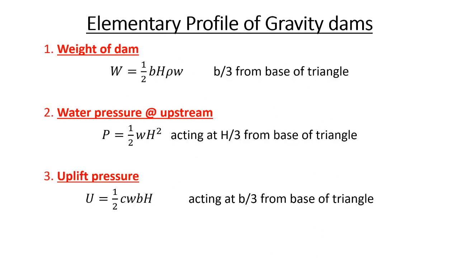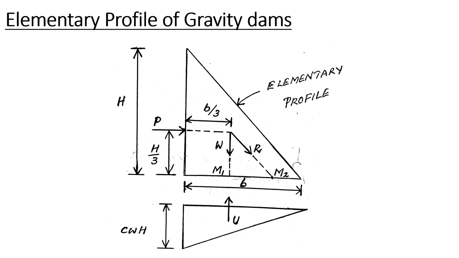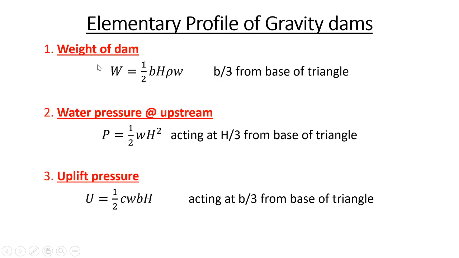Now let's see each of the forces that we considered for the elementary profile of gravity dams. First force is weight of dam. You know that in the stability analysis and the types of forces of gravity dams we studied, we can calculate the weight of the dam, or the self weight of the dam, using the equation area of the dam into unit weight of the material.